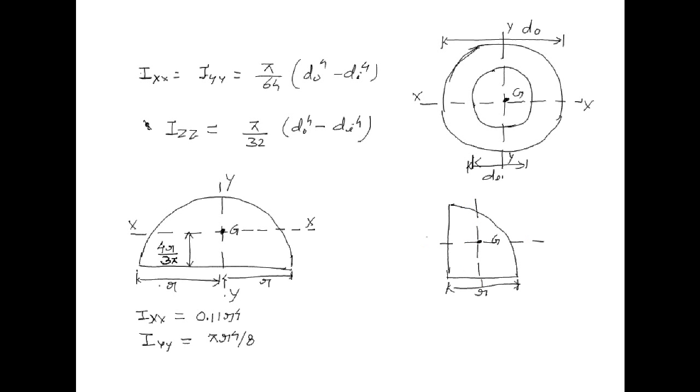We have axis xx and axis y also, and the distance of the axis xx from the base of this quarter circle is 4r by 3 pi. So the moment of inertia about axis xx or about the axis y will be 0.055 r to the power of 4.